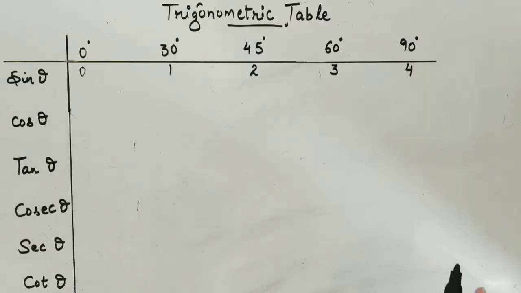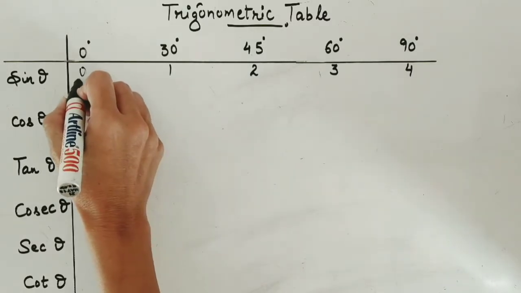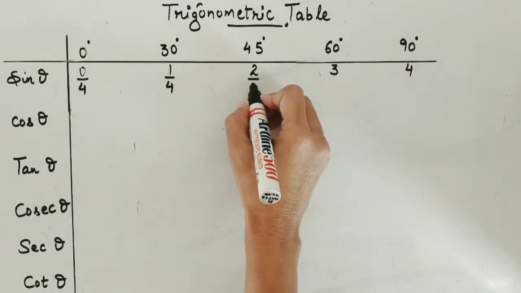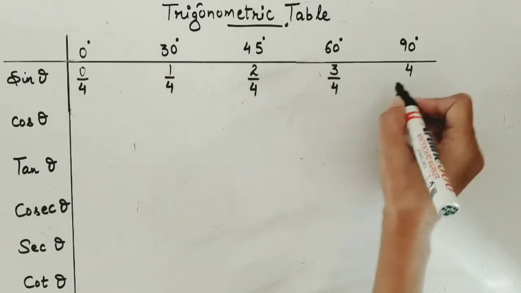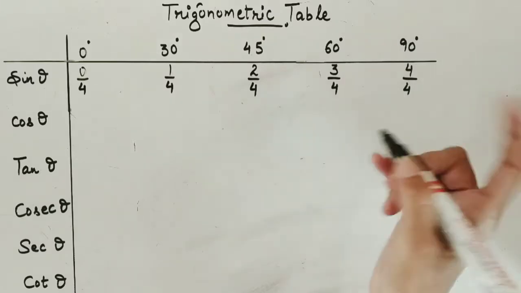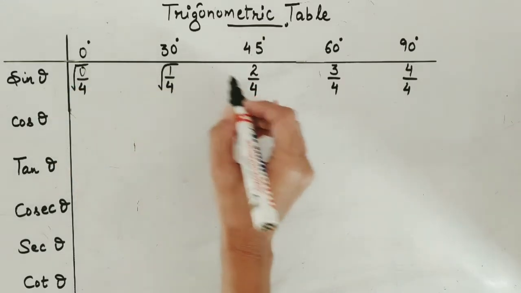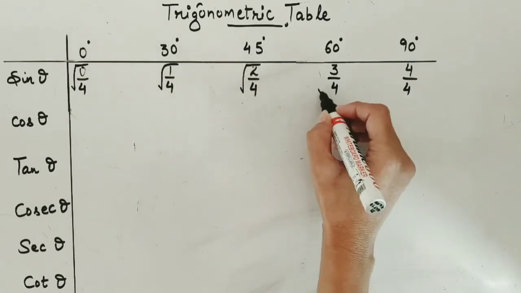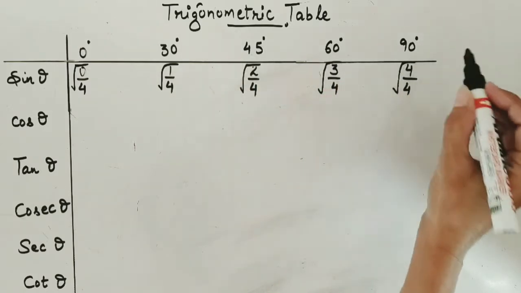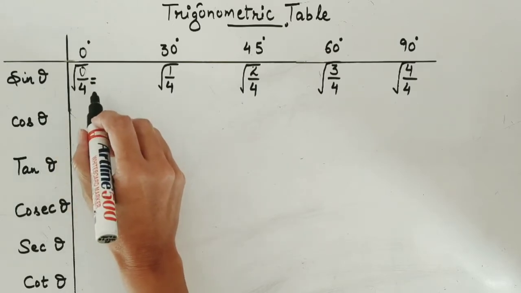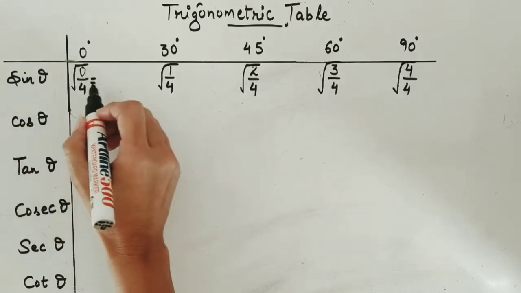Just write these numbers as such. Then divide all these by 4. And in the next step, take square root of all. Now whatever would be obtained would be the value for your first function.